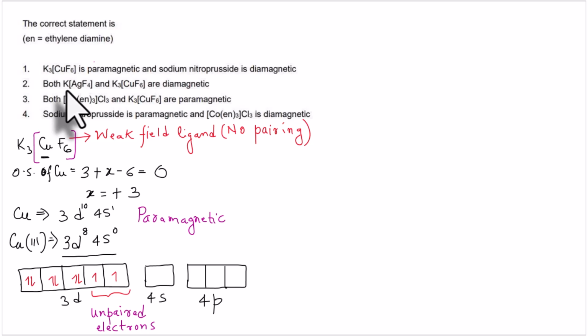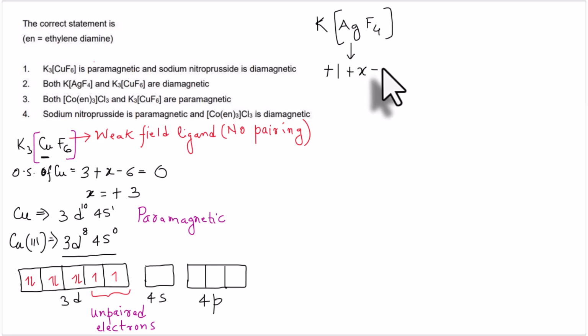Now coming to KAgF4. What is the oxidation state of silver here? Potassium is plus 1, silver let us suppose X, and 4 fluoro ligands, so minus 1 into 4 is minus 4, and the total charge on the complex is 0. So X comes out to be plus 3. So silver is plus 3 here.